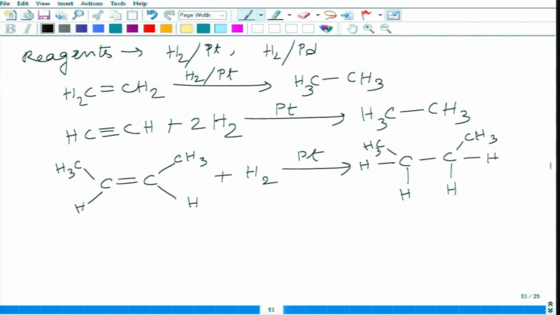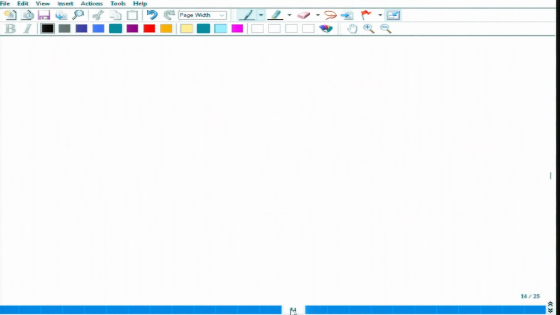Okay. But why do the hydrogens join in the same side? 2 hydrogen join on the same side. Why? Now, we have to understand how hydrogenation occurs in presence of metal catalyst.